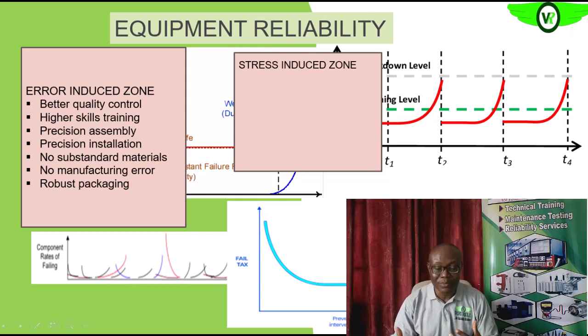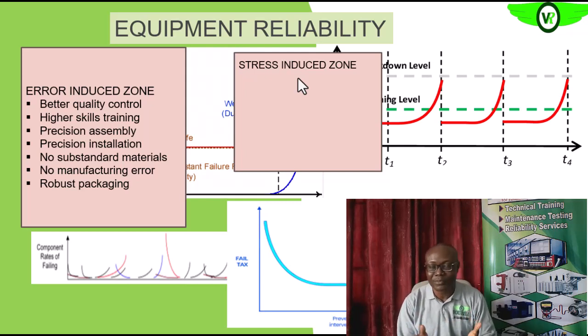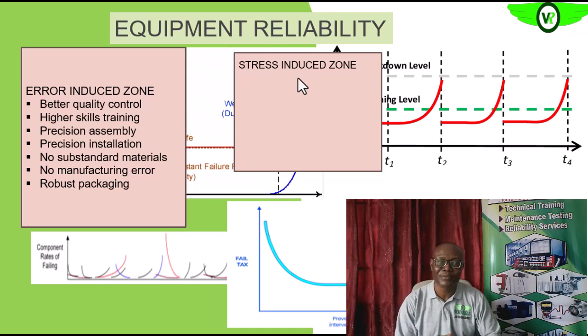Remember, most of the failures that we experience here could be as a result of maloperations, and those maloperations, like we said, will result in some stress level that is beyond what the components of the asset are designed for. Or it could be as a result of environmental conditions. All of them, if you look at it, are stress induced during the normal operating life of the assets. So how do we take care of those?